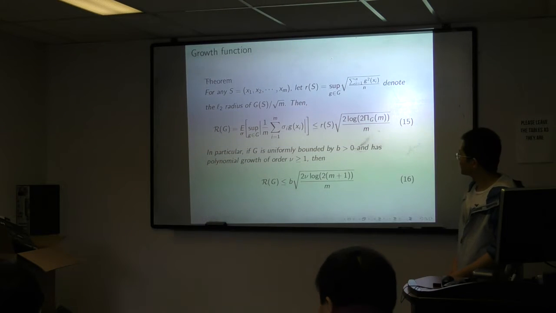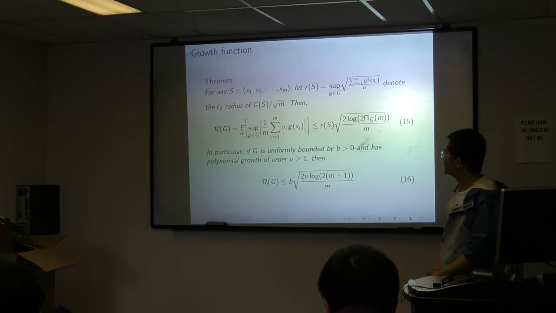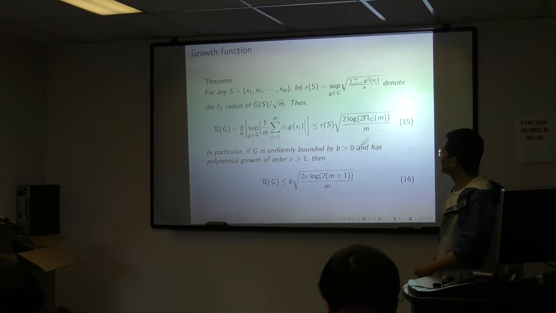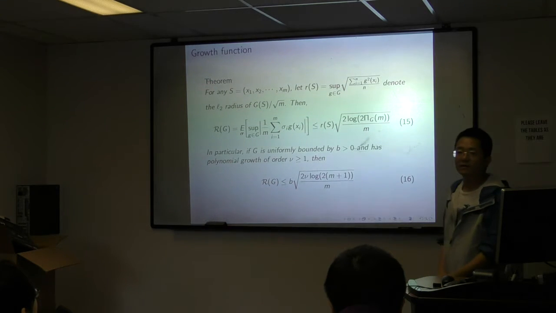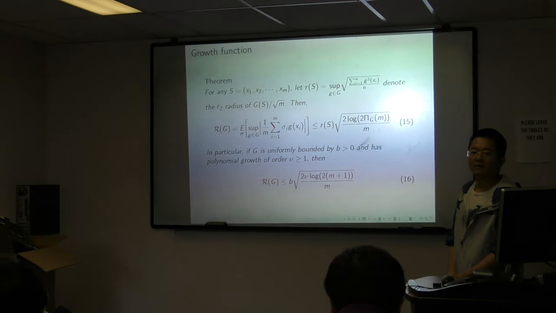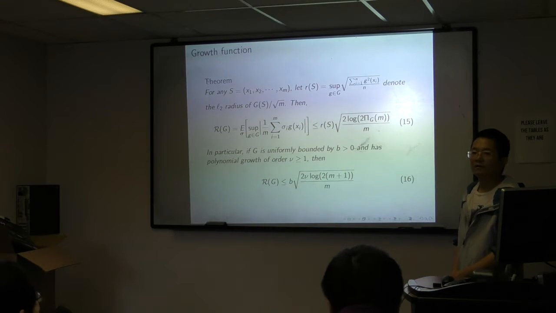Again, talk about this B and mu and m. B is the upper bound for the G class of functions. What do you mean by it? What do you mean by G is bounded by B? In what sense? And why uniformly?